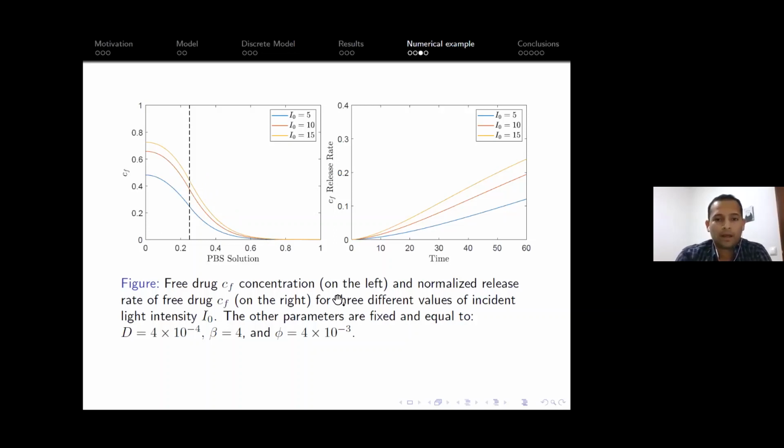And on the right, you can see the free drug concentration release rate against time, also increasing depending on this parameter I sub 0. These are the values for the other parameters that we are using here.